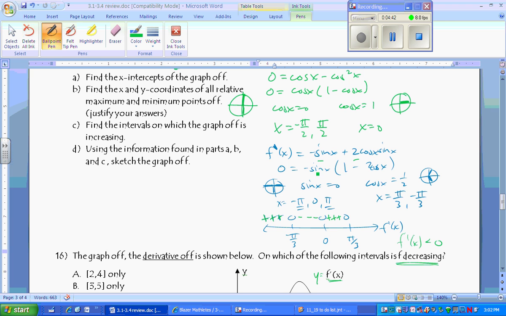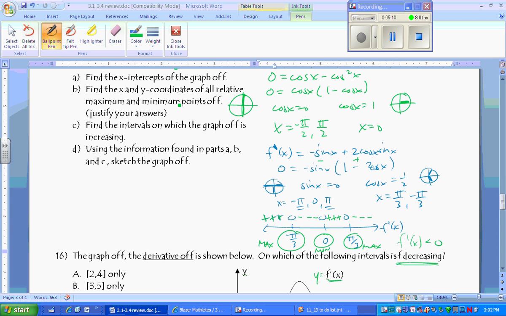Sine of pi over 2 is 1 times the negative, makes it a negative 1. And then 1 minus 2 times cosine of pi over 2. Cosine of pi over 2 is 0, so this is going to be positive, making that negative. So that means we have a maximum at negative pi over 3 and positive pi over 3, and a minimum at x equals 0.